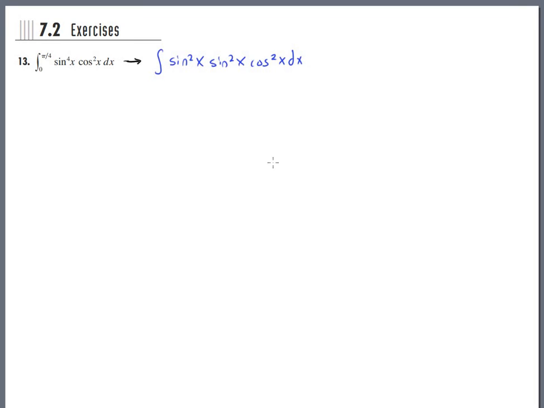And from here you can apply that. This is one way to go. You can apply those two formulas that we just looked at to all three of these things. So you can say the sine squared is 1/2 times 1 minus cosine of 2x. And same thing for the next sine squared.